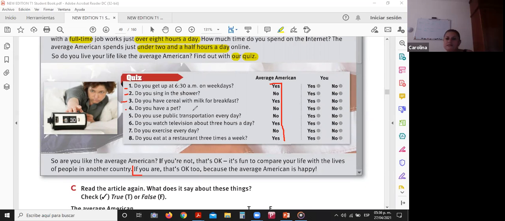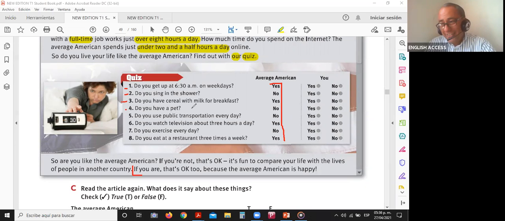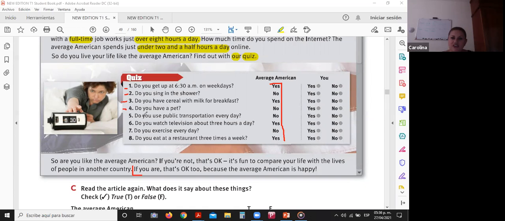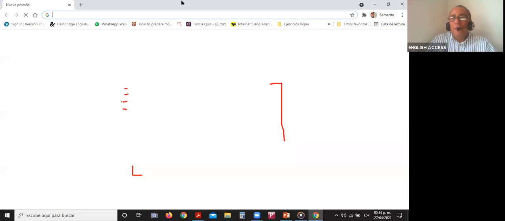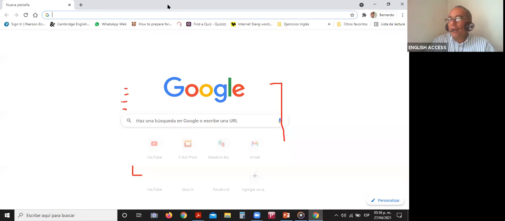Fish. Okay. Is a fish considered a pet? I guess so, yes. Maybe a fish bowl is something that you can use for a pet.